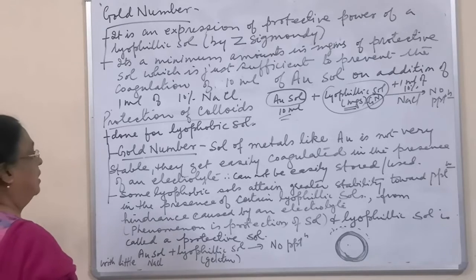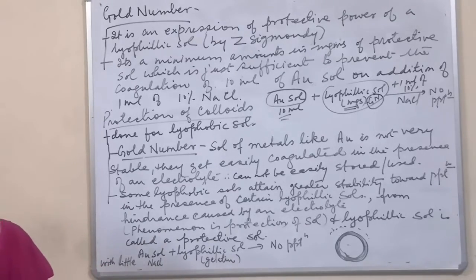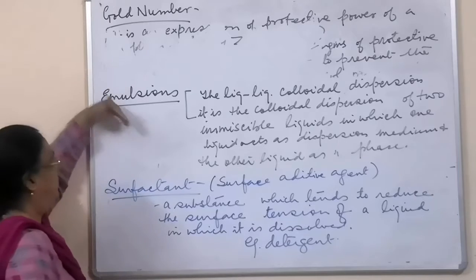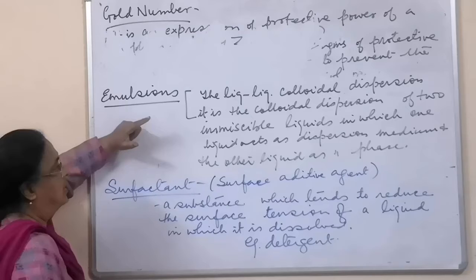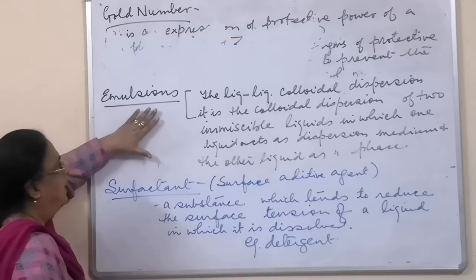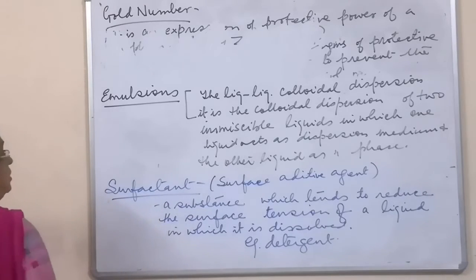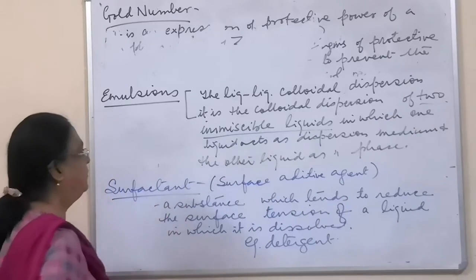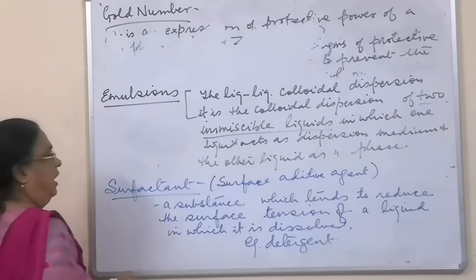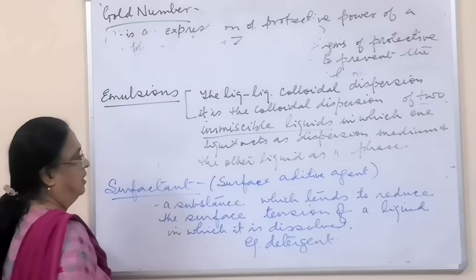You can learn all these things here, and then I will teach you two more topics you have to cover. Emulsions, only the definition. Emulsions are liquid colloidal dispersions between two immiscible liquids, like oil in water, in which one liquid acts as the dispersion medium and the other as the dispersed phase.